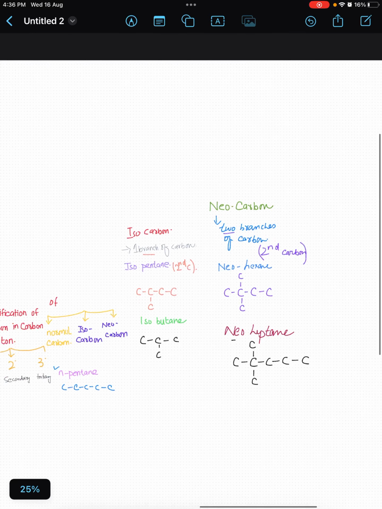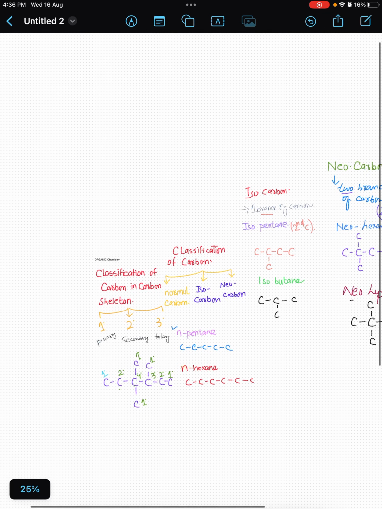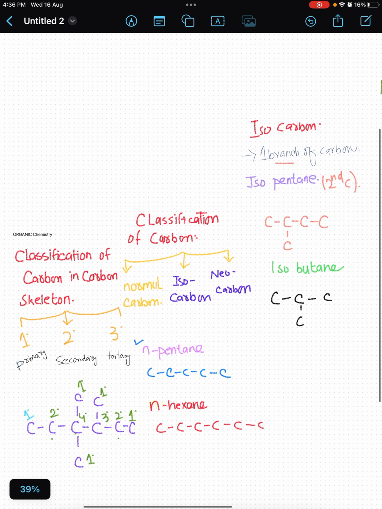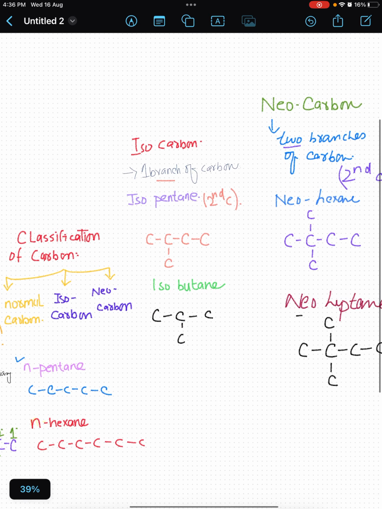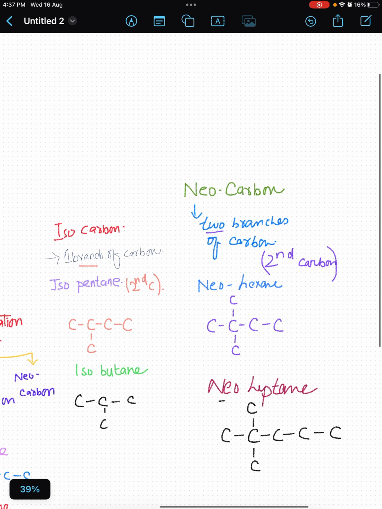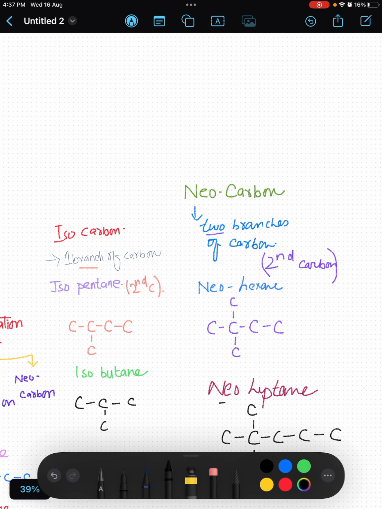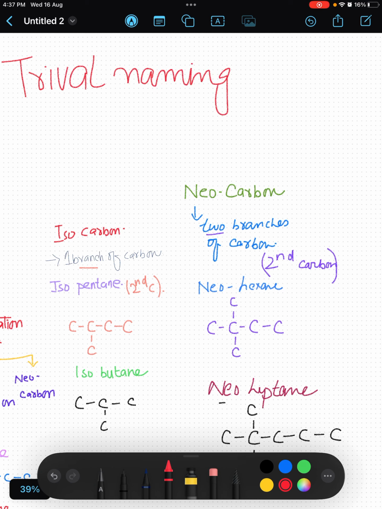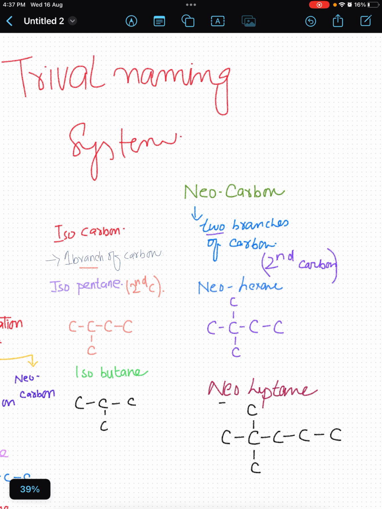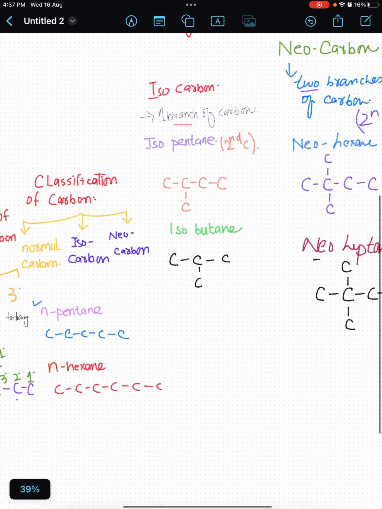I hope this is clear to you. This classification of carbon is the old system. This is not the new one. This type of system is known as the trivial naming system, right?